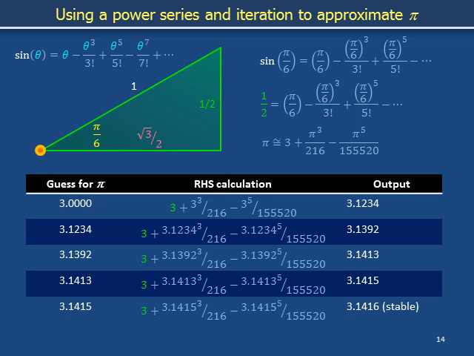In this video, we show that the first 3 terms in the power series expansion for sine in the vicinity of theta equals 0 were sufficient to allow us to calculate pi to 4 places beyond the decimal point.